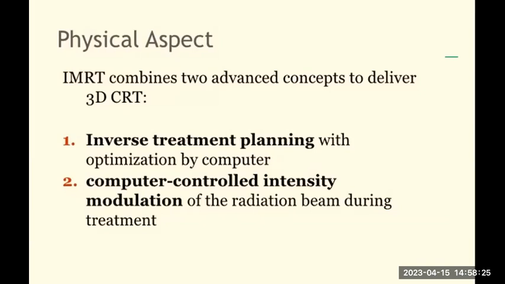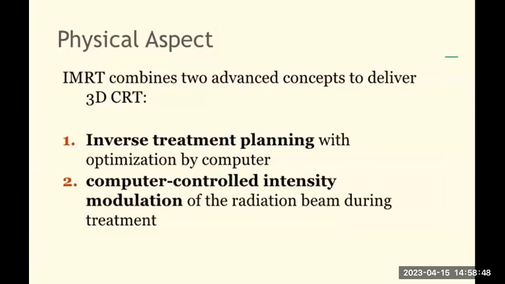Inverse treatment planning. A 2D tumor is converted into 3D using MRI or CT scan. Based on the shape and size of the tumor, the dose distribution is done, and based on the dose distribution, the intensity beam is modulated. That is the explanation for ITP.